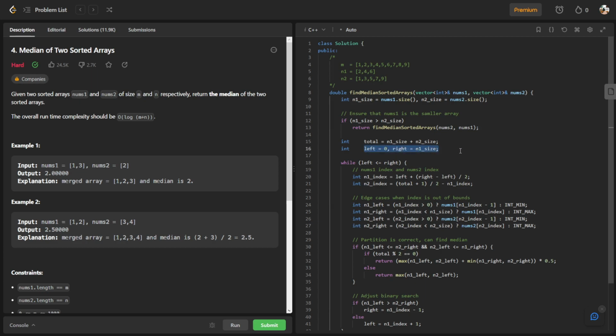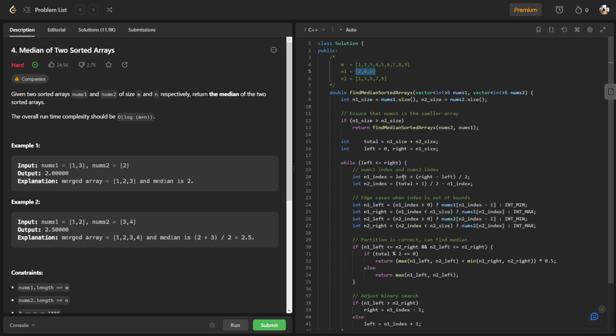Like I said, we have a left and right pointer, and these will mainly focus on n1. After that, we need to determine how we are going to split both arrays. The way I do it is I cut down the middle of n1.